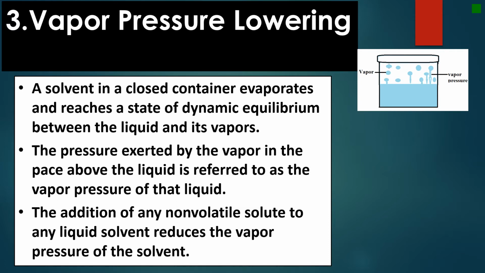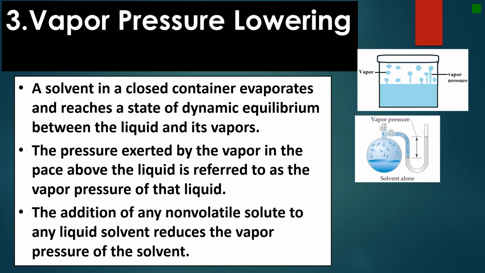Experimentally, it has been found that the addition of any non-volatile solute to any liquid solvent reduces the vapor pressure of this solvent. So let's see, for example, here there is an apparatus that is used to measure the vapor pressure of a given solvent.